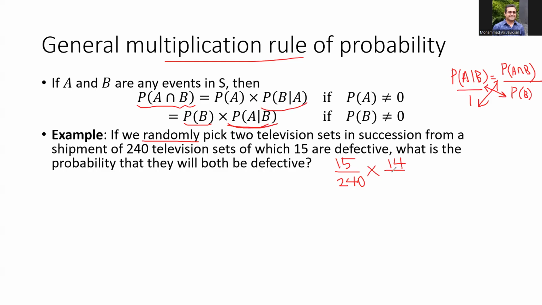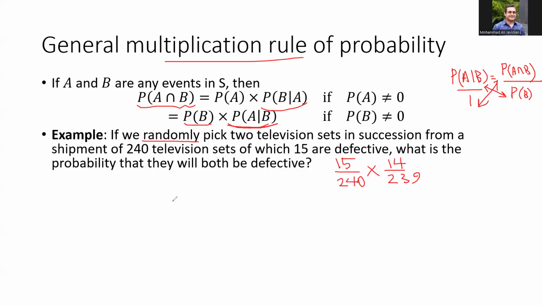The second probability depends on the first probability. In the second case, we have only 14 defective TVs. Out of how many? You remember that we picked one of the TVs first, so only 239 remain for the second one. If you compute this multiplication, you get the probability of both TVs being defective.